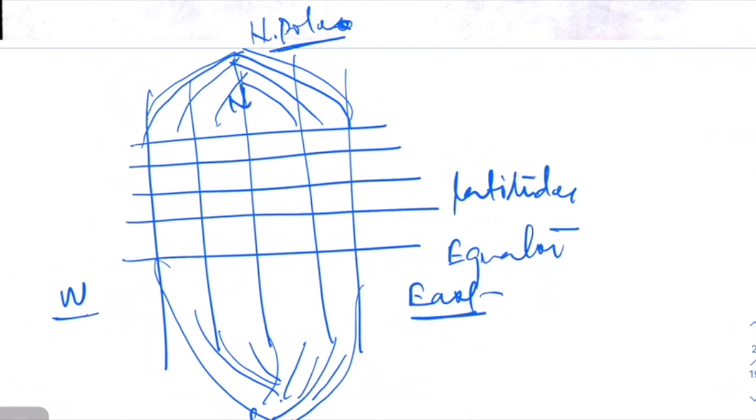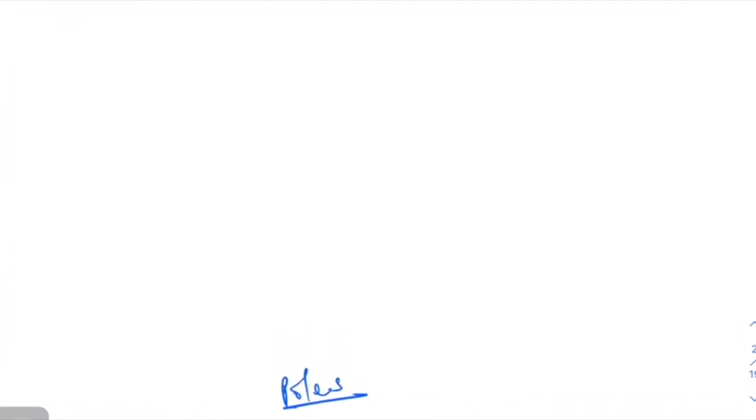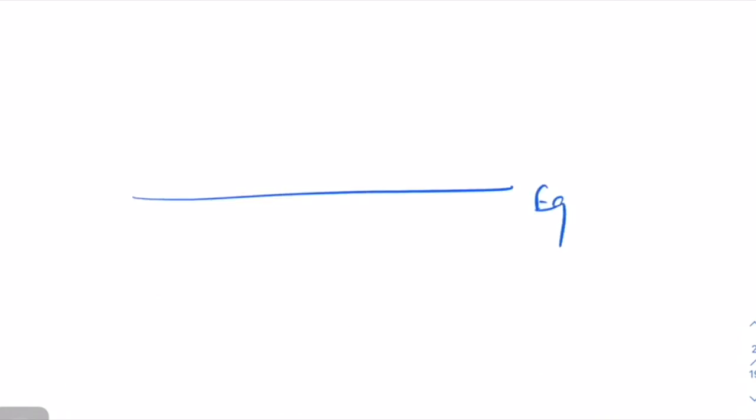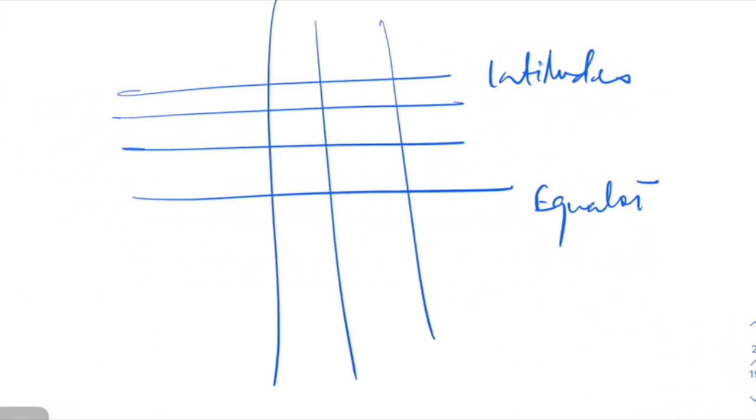So if we go to the question, this is our equator again, right? These are latitudes, and these lines are longitudes.